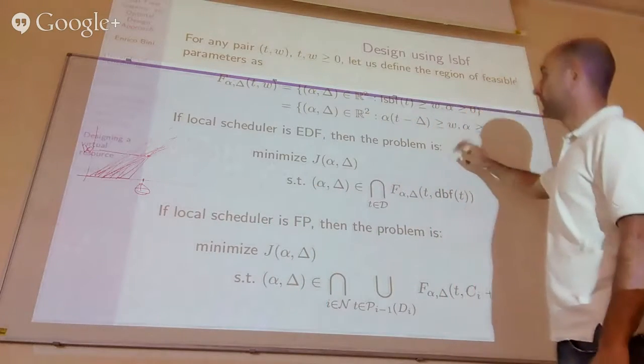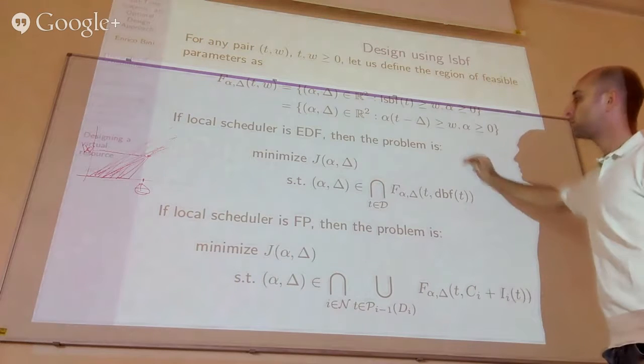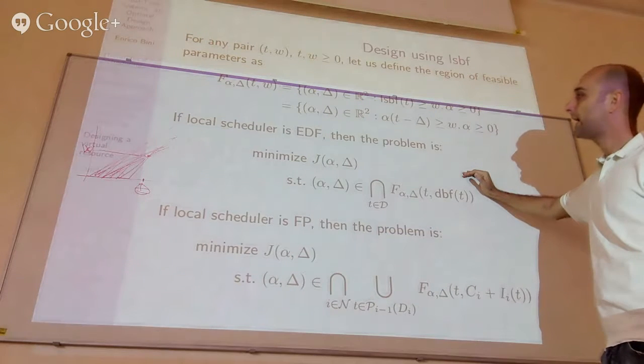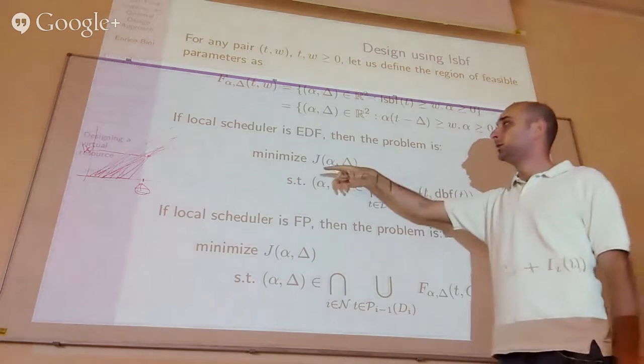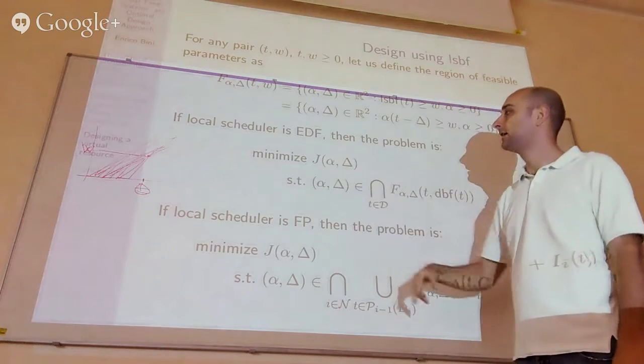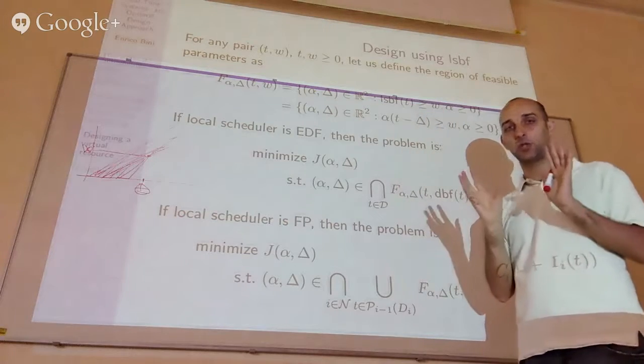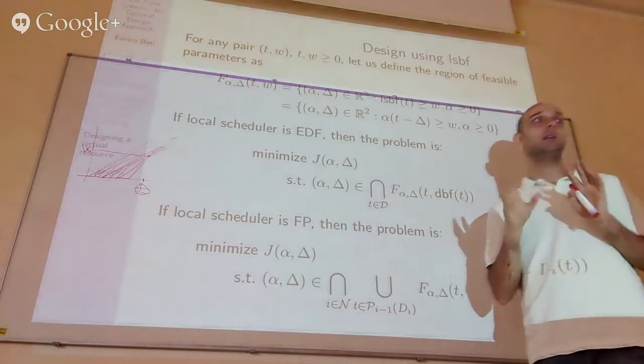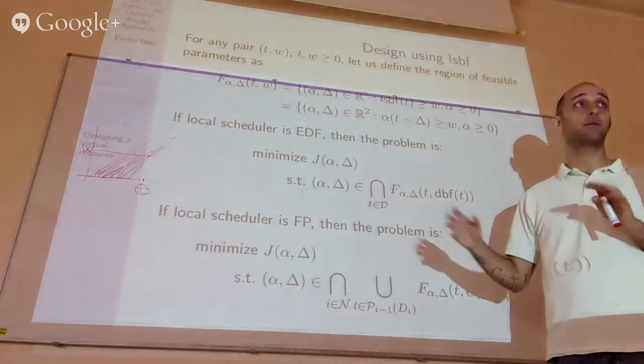So, for example, if the question is, we want to design a server which minimizes some function of alpha and delta, such that the task set which is in the virtual machine is scheduled by EDF.